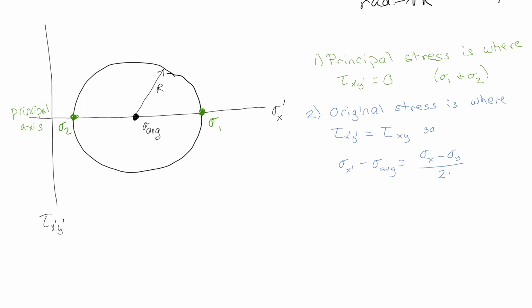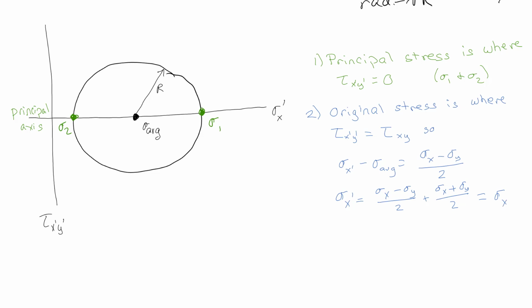If I put the average on the other side, sigma x' would be sigma x minus sigma y over 2, plus sigma x plus sigma y over 2. The sigma y over 2's cancel out, so I just end up with sigma x again.